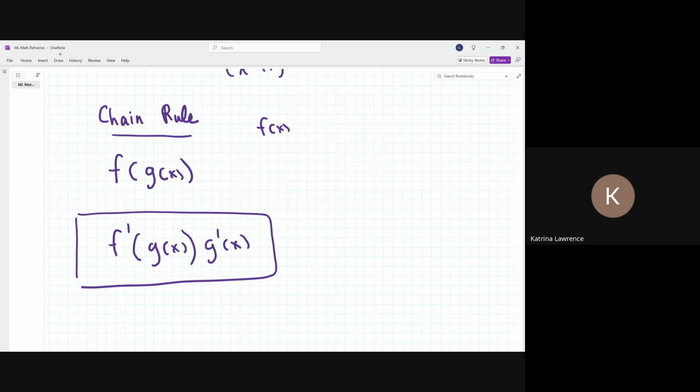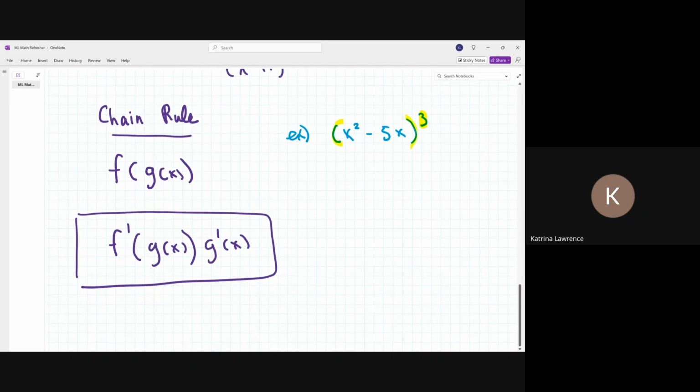So this here is how you would take the derivative using your chain rule. Let's see an example of how that works. Here we have x squared minus 5x all to the power of 3. How I want you to think of this is that our outside function is going to be, I'll see if I can highlight it for you, the to the power of 3.